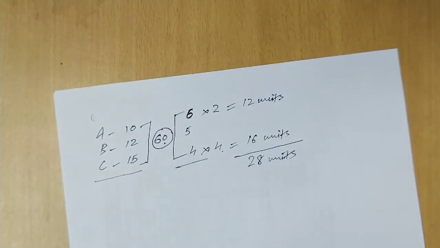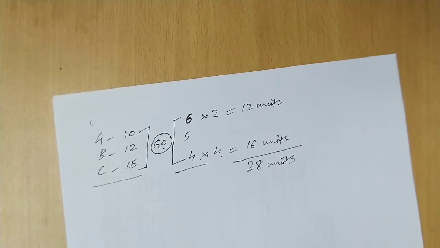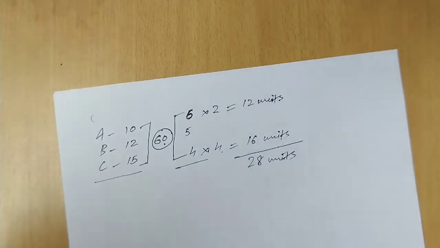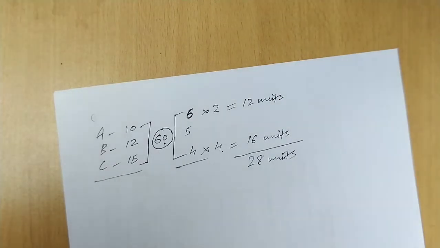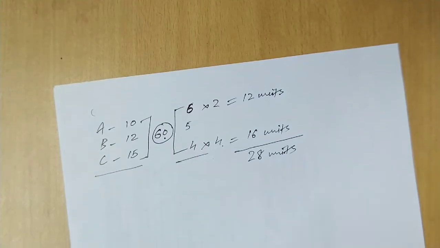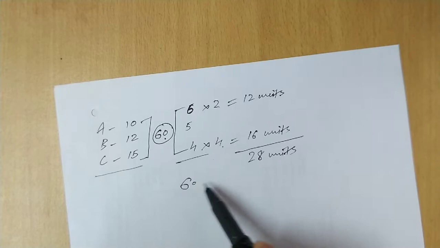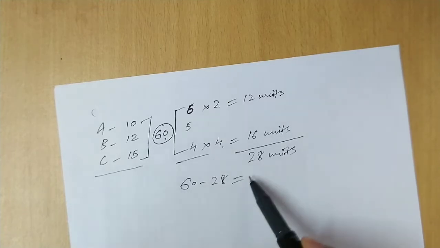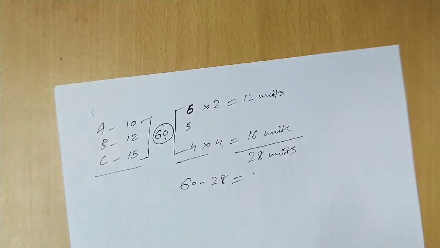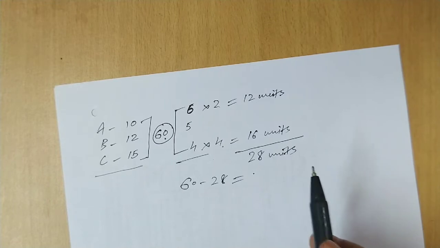Now the remaining work is completed by B. B starts the work along with A and C, and he completes the work. That means he remains till the end. So 60 minus 28, we will get 32.